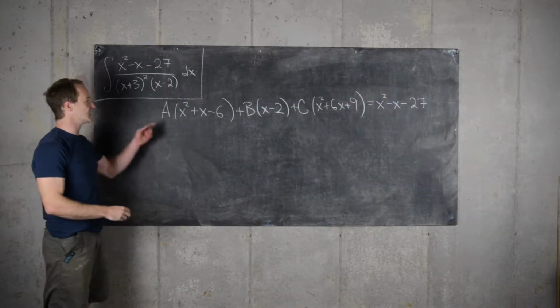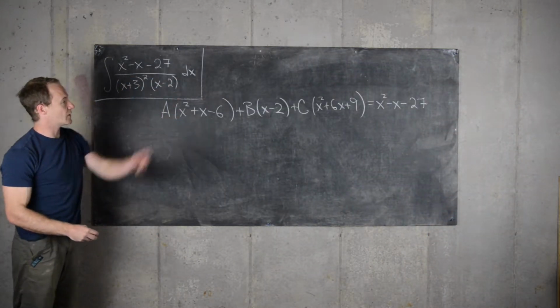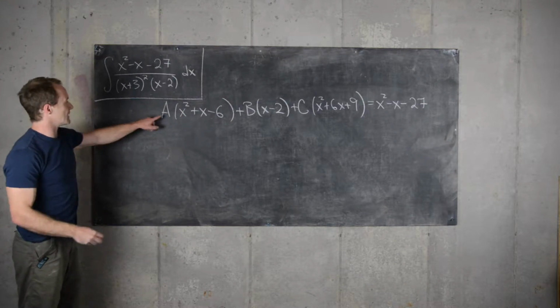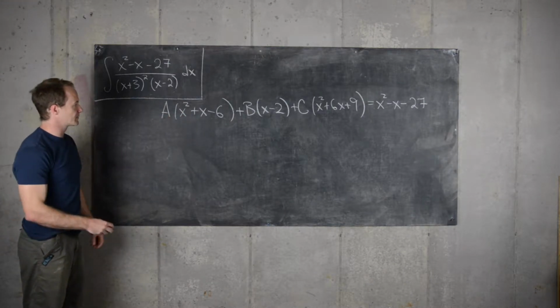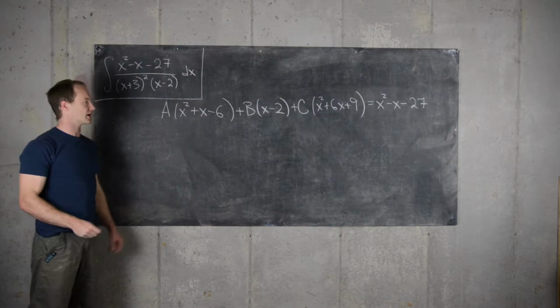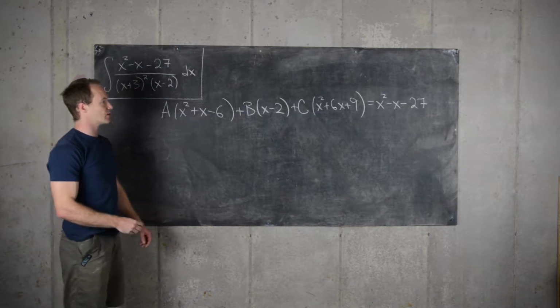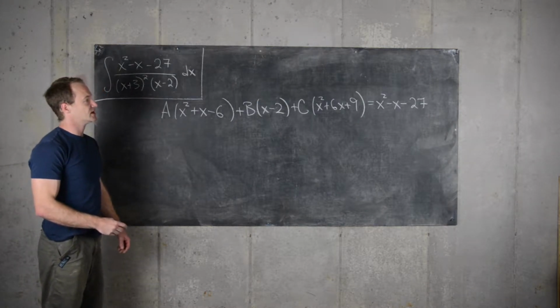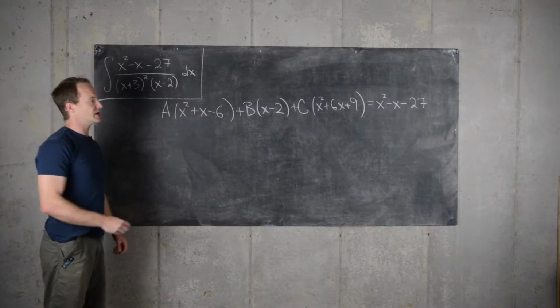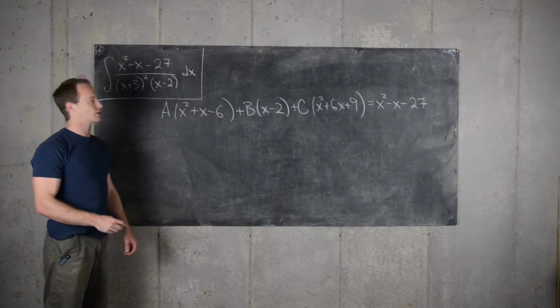Okay, so I've cleaned up the board a little bit so that we can focus on this equation. So notice we have a times the quantity x squared plus x minus 6, b times the quantity x minus 2, and c times the quantity x squared plus 6x plus 9, and we want this to be equal to x squared minus x minus 27.